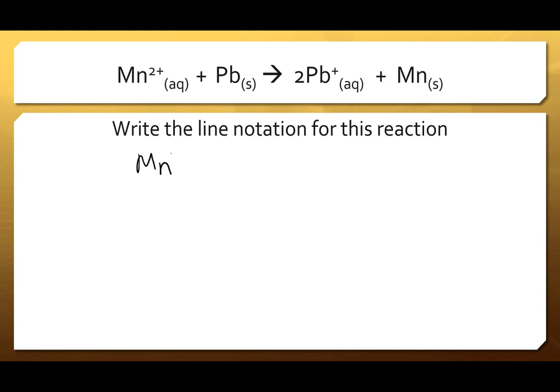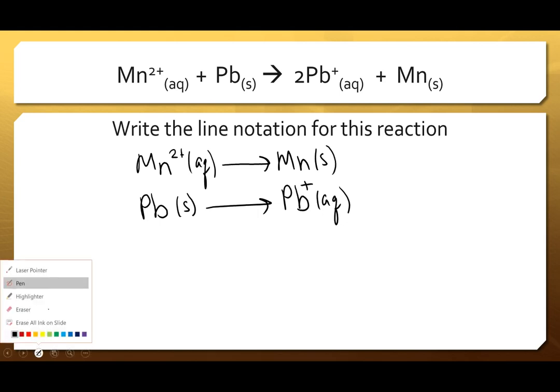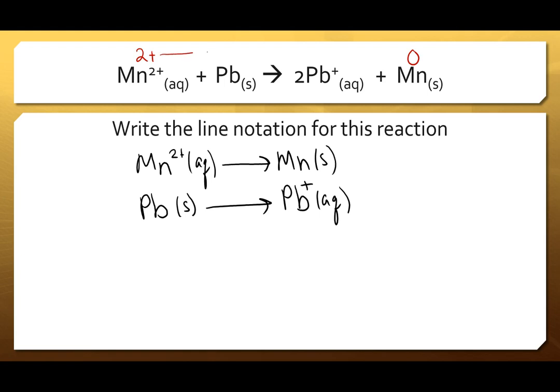So we've got manganese, and that becomes solid manganese. And we've got lead, and that becomes aqueous. Okay. Looking at our oxidation numbers, we've got manganese as 2 plus. Over here, it's a 0. So plus 2 to 0. That number is going down. That's our reduction.